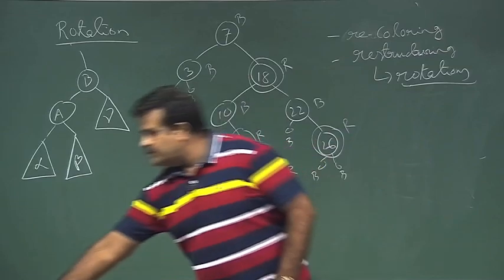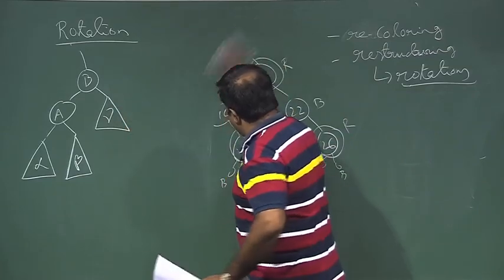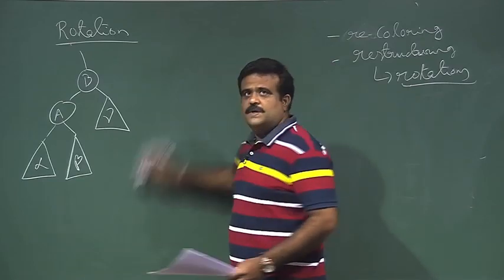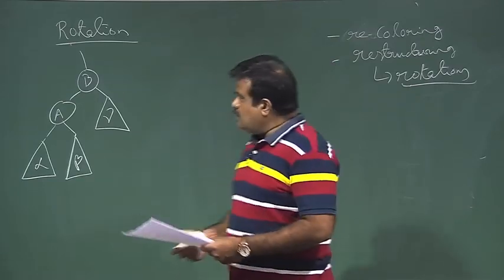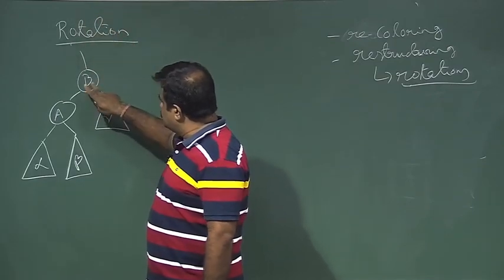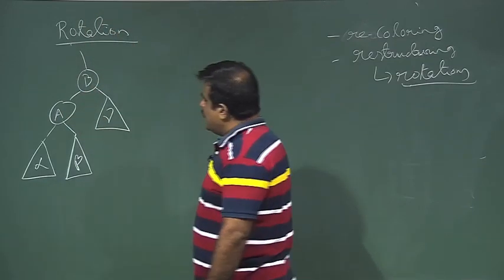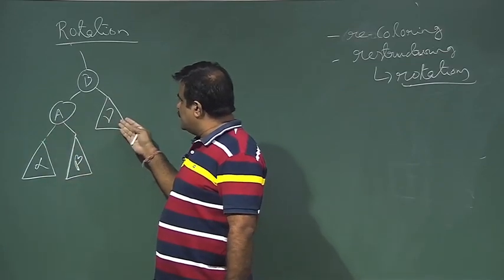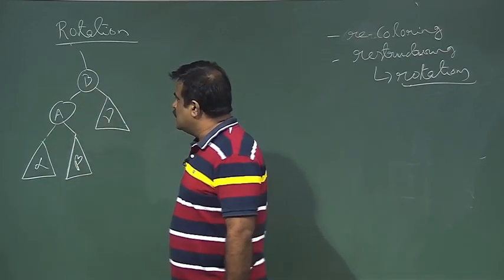So, I will come back to this figure. Now suppose this is a part of the tree. So, we have the above portion. This is a node B, this is a node A, and this is the left subtree rooted at A, and this is the right subtree rooted at A, and these are two nodes.